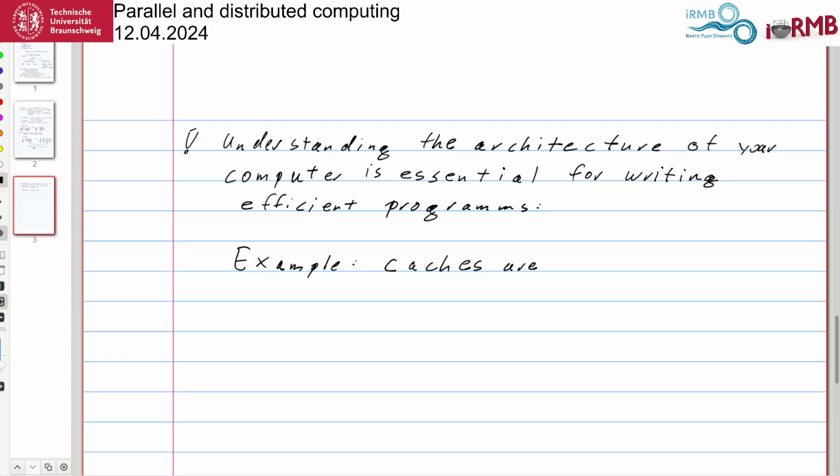So, say caches are accessed in the form of cache lines of fixed size. What do I mean by cache line? I used the word, but I did not explain it.